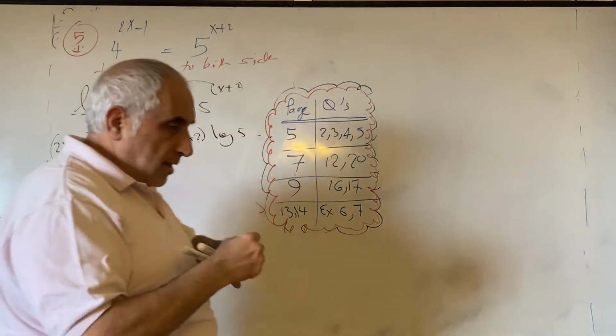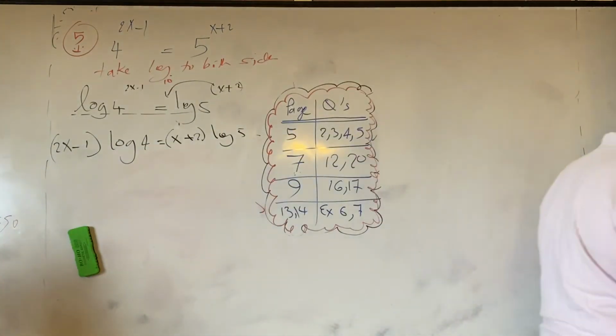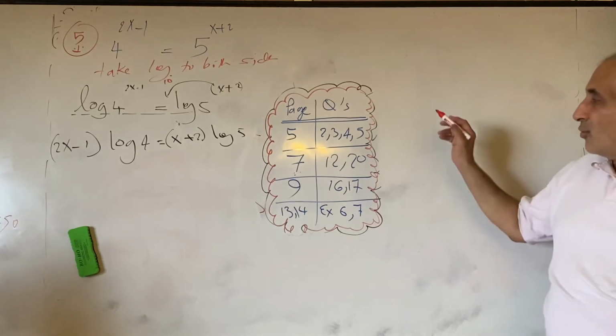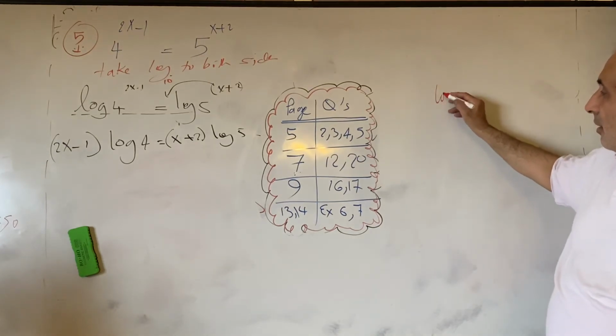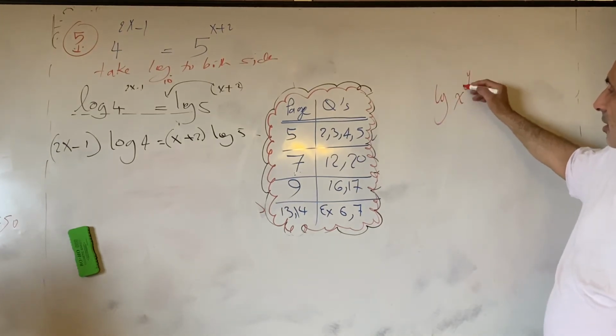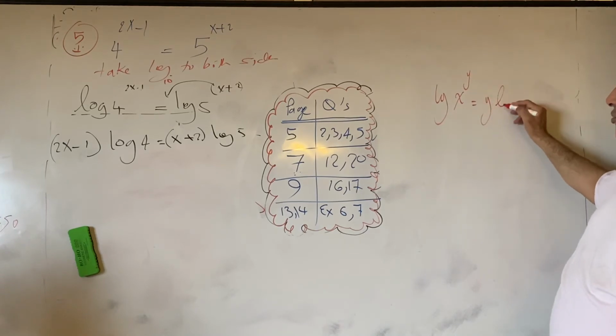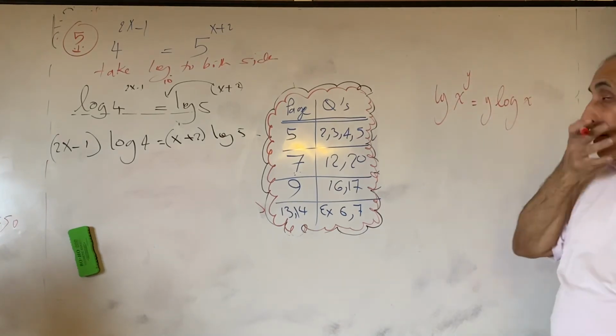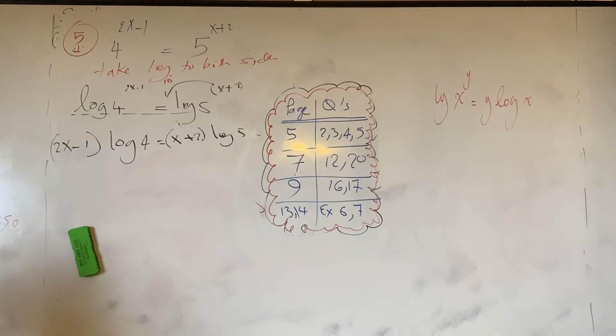Now simply, I got rid of the power by applying the rule. Which rule? The rule that says log x to the power y equals y times log x. Remember that thing. That will not hurt.